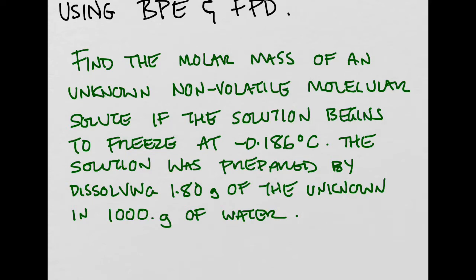Now, there's a couple of interesting things about this question that I want to point out to you. I said it was a non-volatile molecular solute, and the important thing about that is that it always has to be this situation. Something that's a volatile solute would evaporate very quickly and get out of the water, even though it would be potentially dissolved in it.